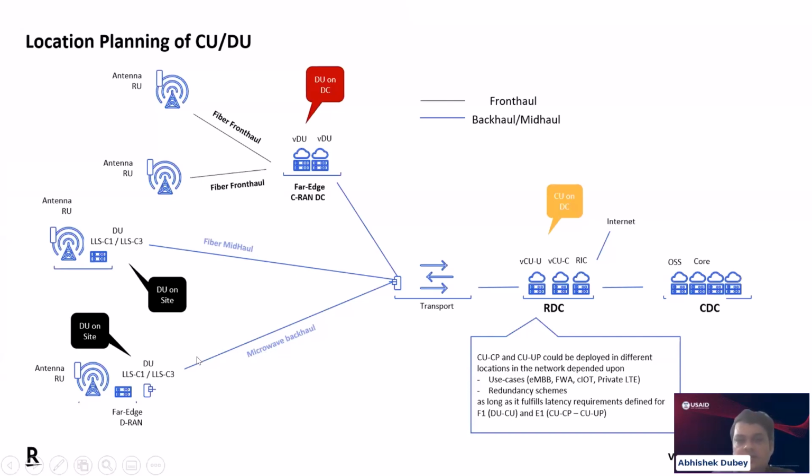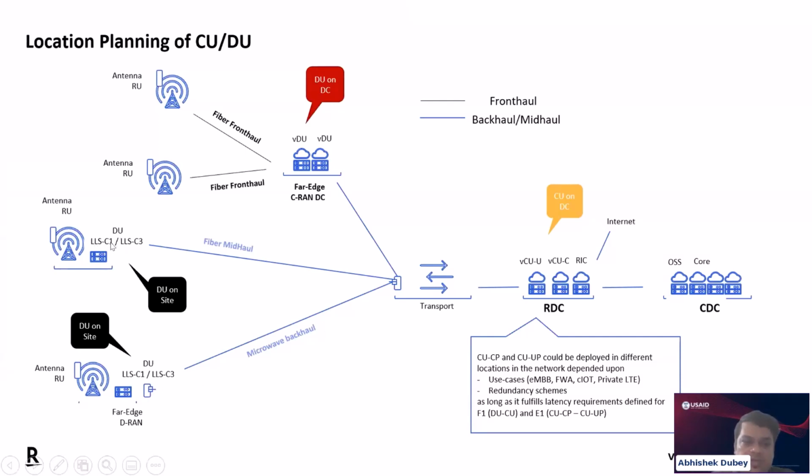But the condition is that the microwave backhaul needs to meet 25 milliseconds of latency, and there are some microwave vendors' products which offer around this 25 millisecond latency, and that can be useful in this type of deployment. You can use this option for very remote locations or hilly areas where fiber cannot be laid down, so you can use microwave in that case.